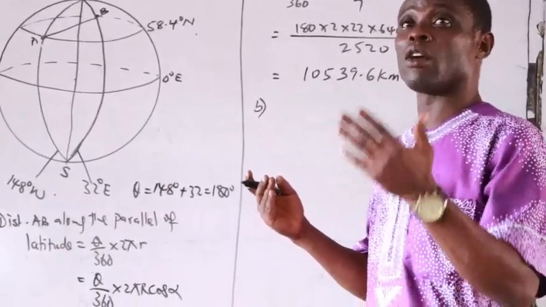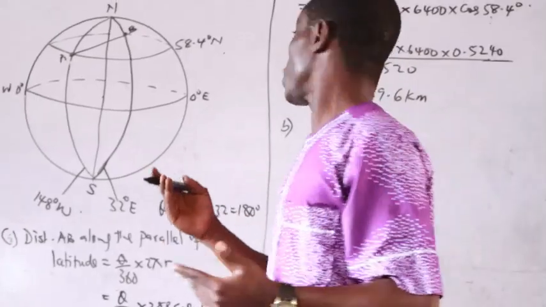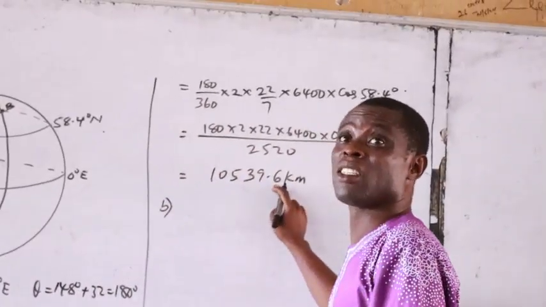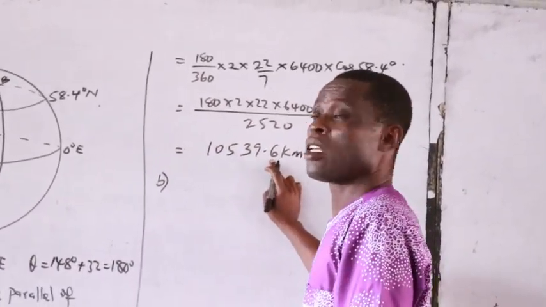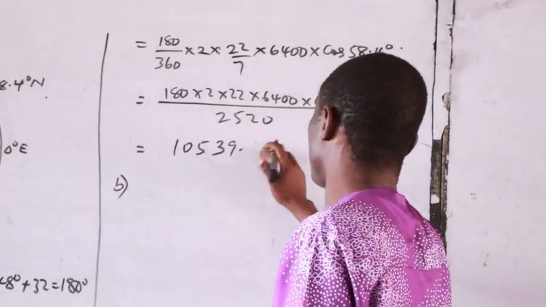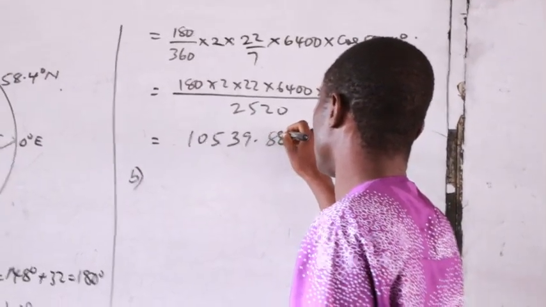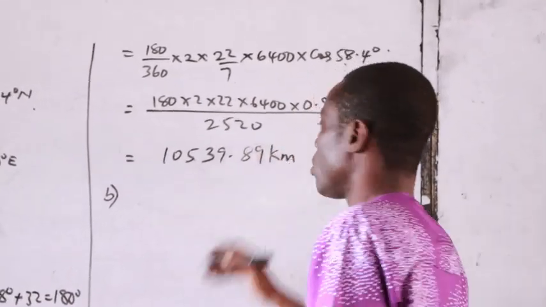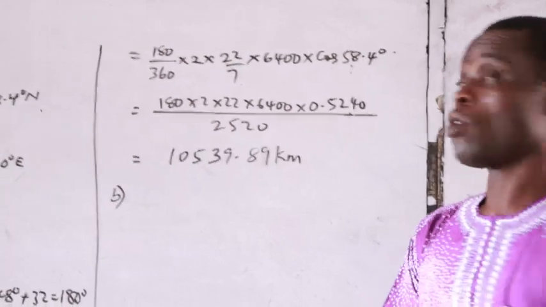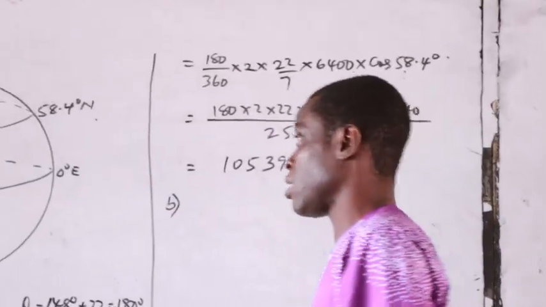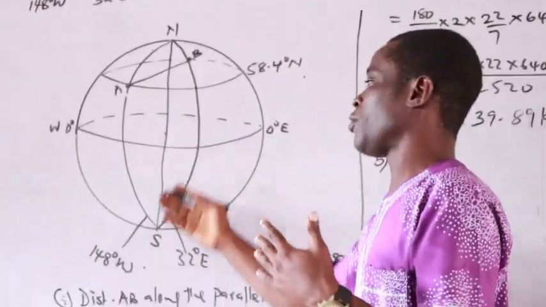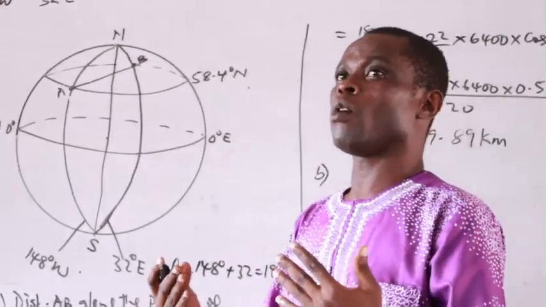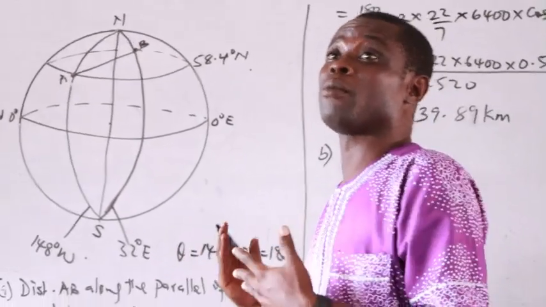If the angular difference is not 180, the way we are going to find the shortest distance will be different from this one.